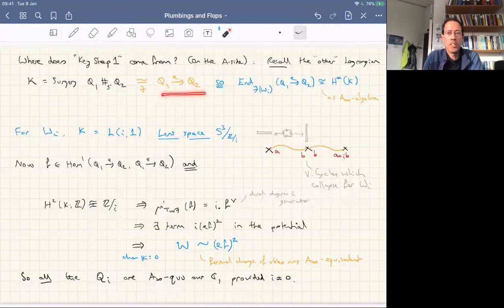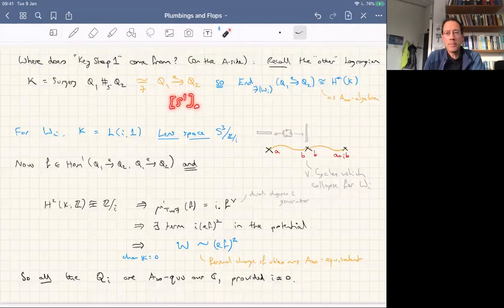Q1 and Q2 were the vertices of my quiver, and there was some degree 1 morphism between them, and I can take the mapping cone of that morphism. It corresponds to the fundamental class of the S1 intersection locus between Q1 and Q2.